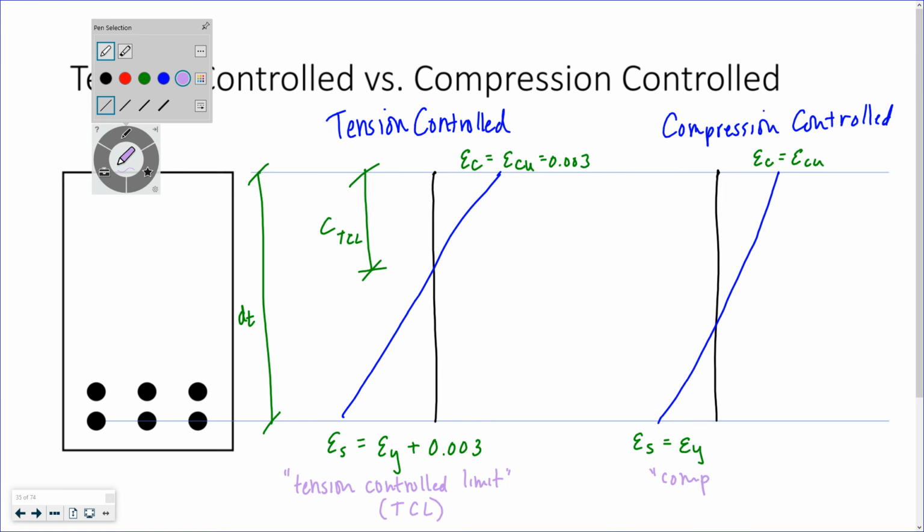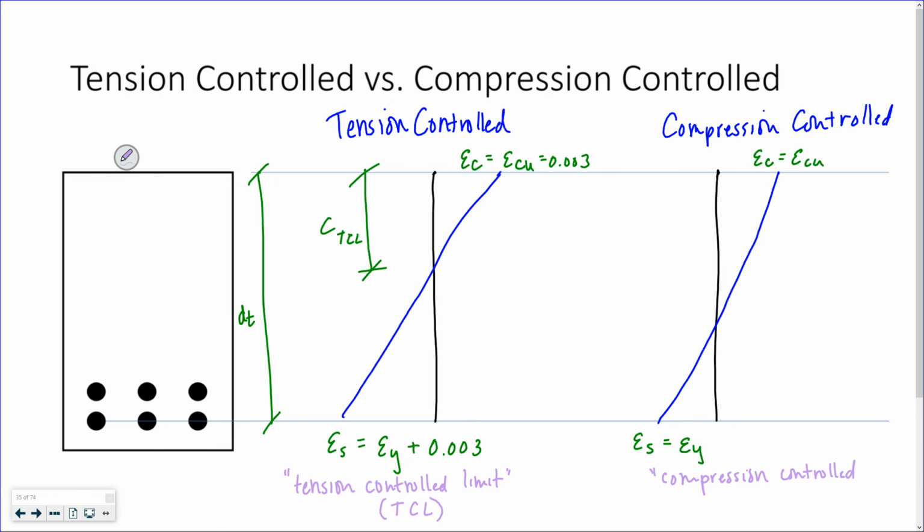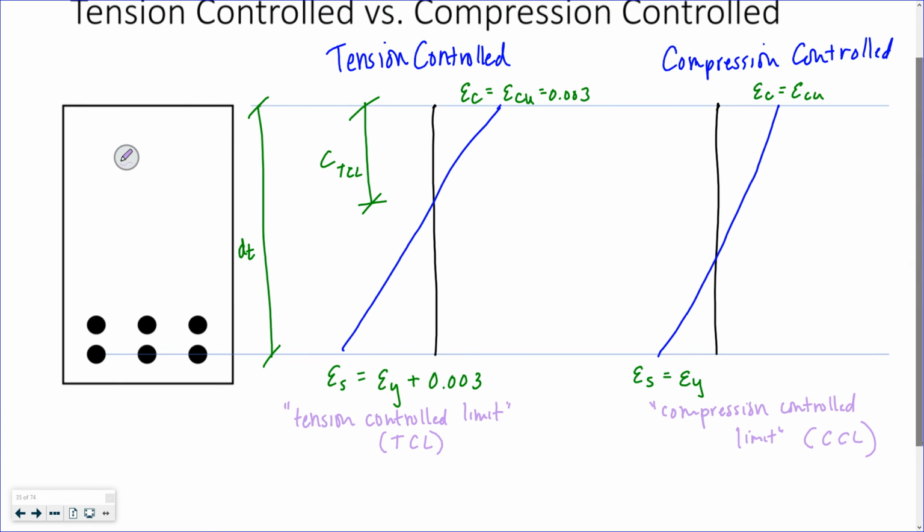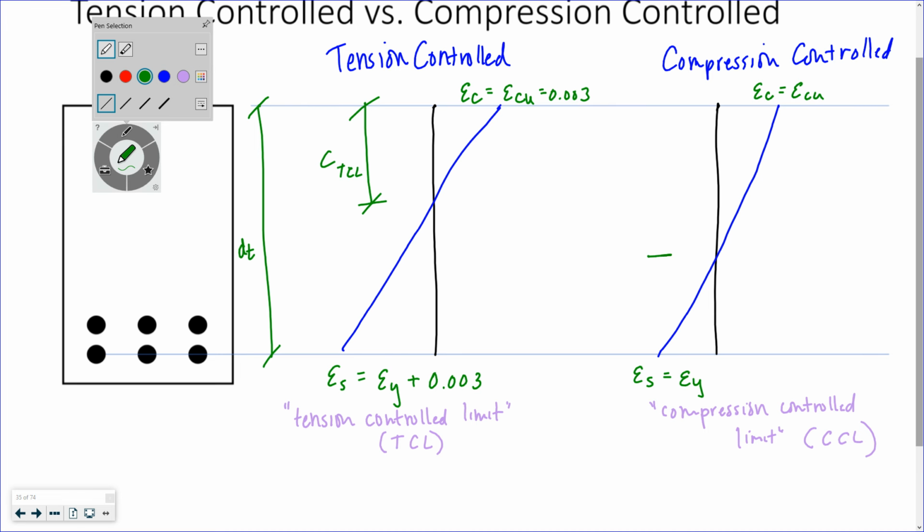This is the compression control limit, aka CCL. And I'm going to define a neutral axis associated with this, CCL.